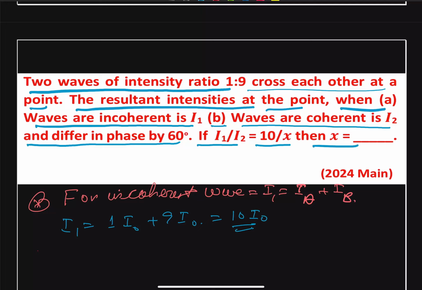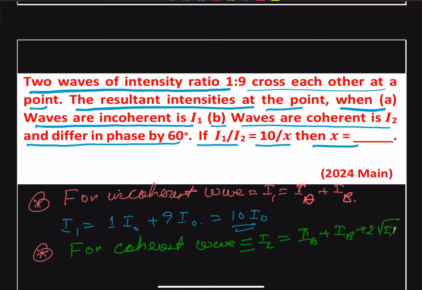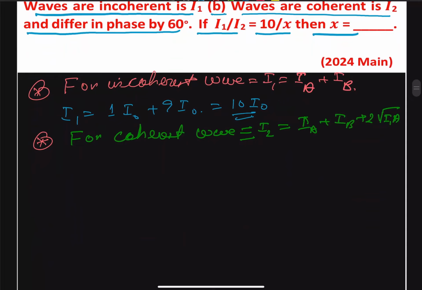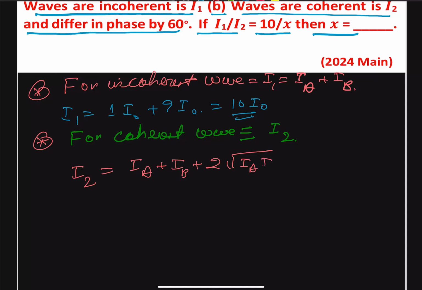Similarly, we are given that for coherent wave, that is our I2 will be equal to IA plus IB plus twice square root of IA IB, and the angle between them is 60, so this becomes cos of 60.